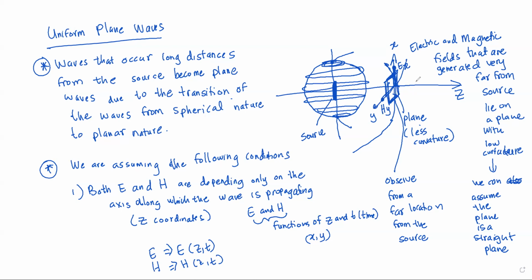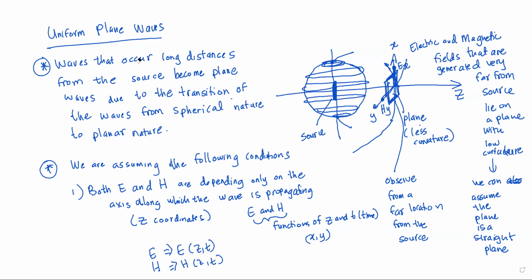I mean, the electromagnetic wave that is generated due to the fields available on this plane and propagating in the Z direction. And the second assumption is that these fields are available in a certain homogeneous and lossless medium with certain parameters of permittivity and permeability.